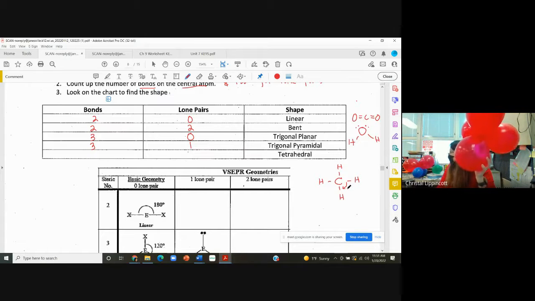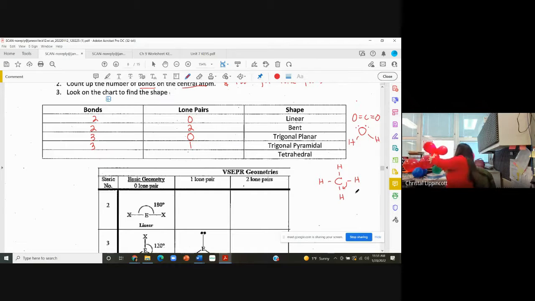That makes sense? But remember, you're trying to draw something in 2 dimensions that actually exists in 3. So when you have it in 3 dimensions, you can see that that's going to push these other ones away, and it's not really going to be 90. You have to kind of override that feeling in your brain and go, yeah, this is not 90. This is actually 109.5. Okay?